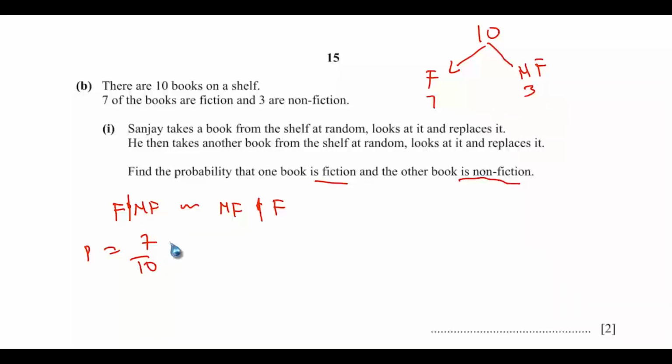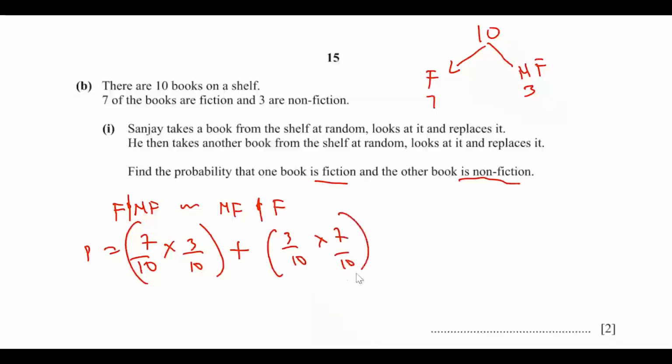Don't forget that when he looks at it, he replaces it, so our total remains 10. And that is multiplication. Non-fiction is 3, and the total remains 10. So this is one way, and or means addition. Then non-fiction, it will be 3 out of 10, times 7 out of 10 for fiction. Instead of doing it like this, you can just say one way multiplied by 2.